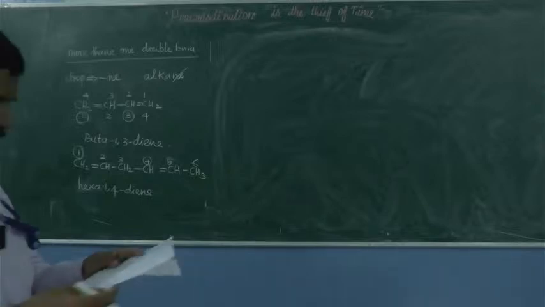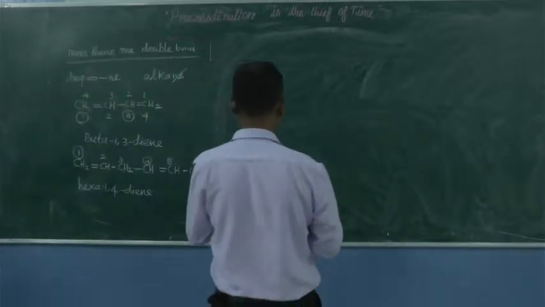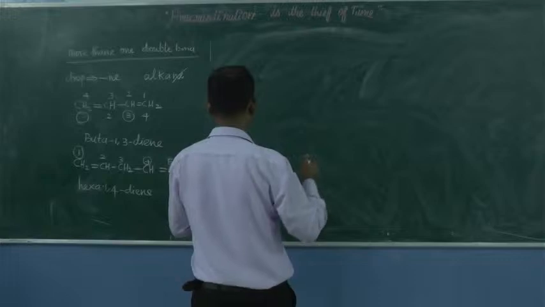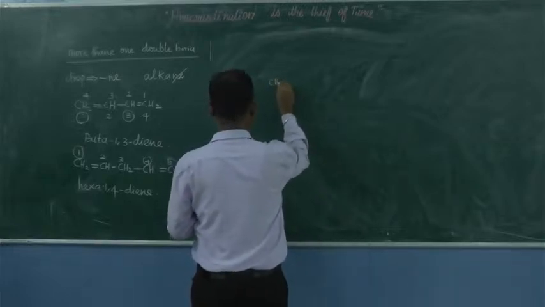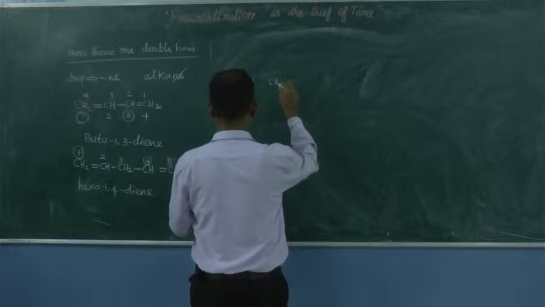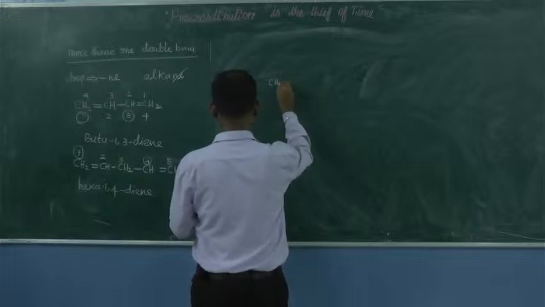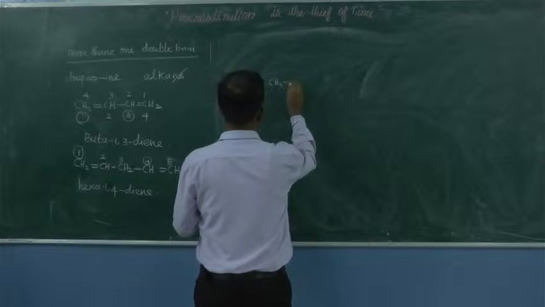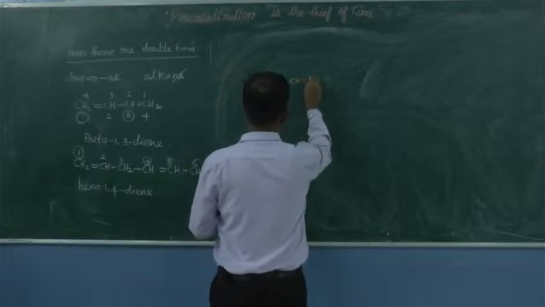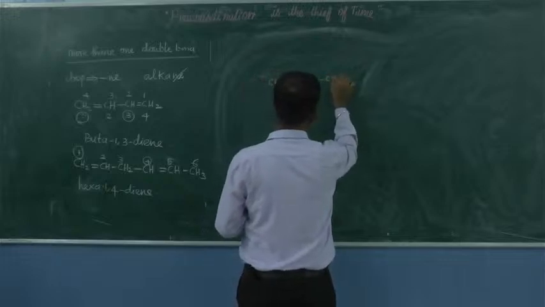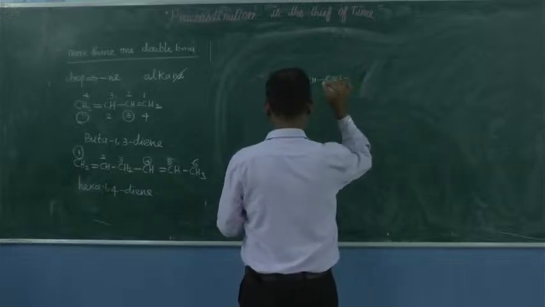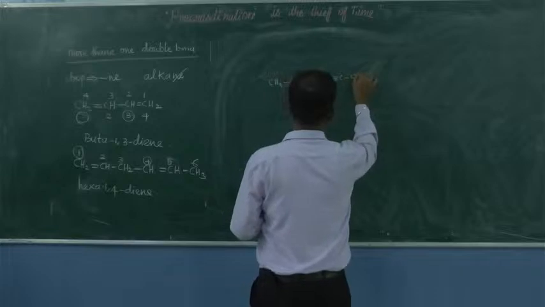always you have to end with 'yne'. For example, CH3, CH, C double bond, and we have a CH2.